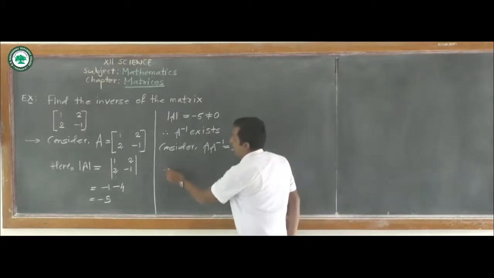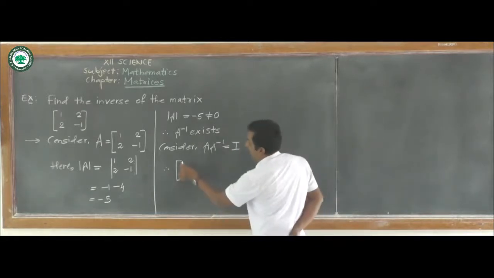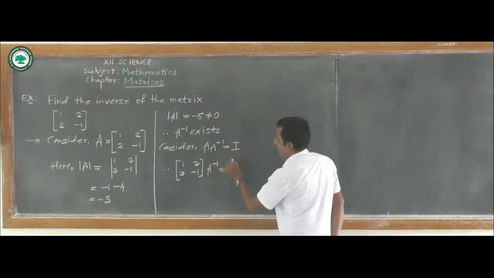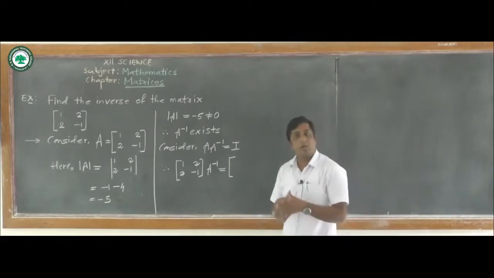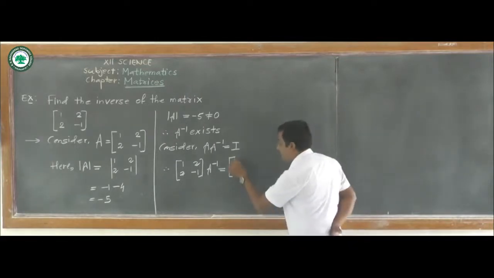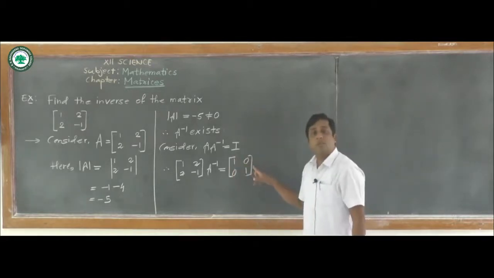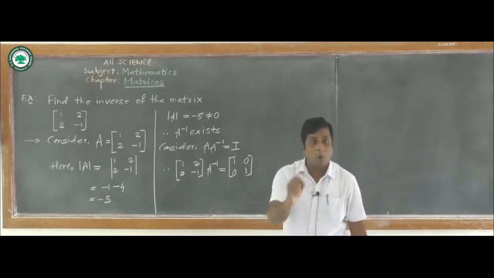So here we replace our given matrix A by using elements here 1, 2, 2 minus 1 into A inverse. This is equal to, now we know your identity matrix of the order 2 and is having elements 1, 0 and 0, 1. That is 1, 0 in first row and 0, 1 in the second row.